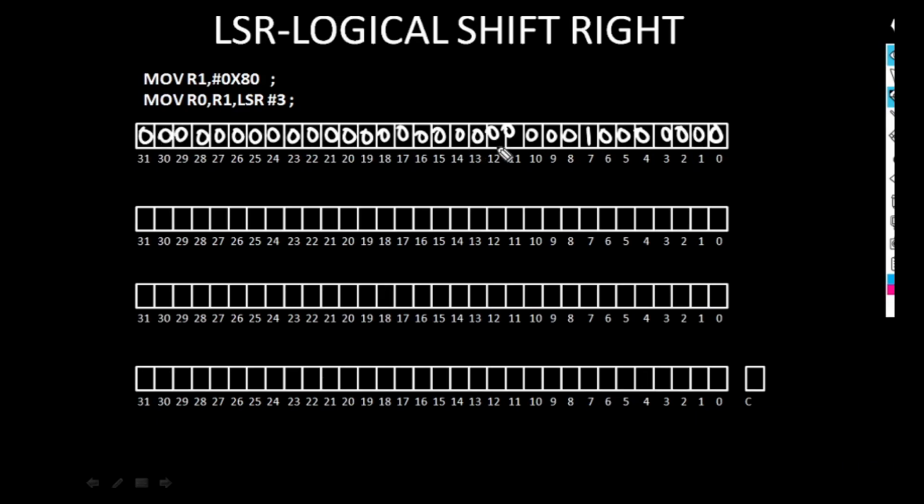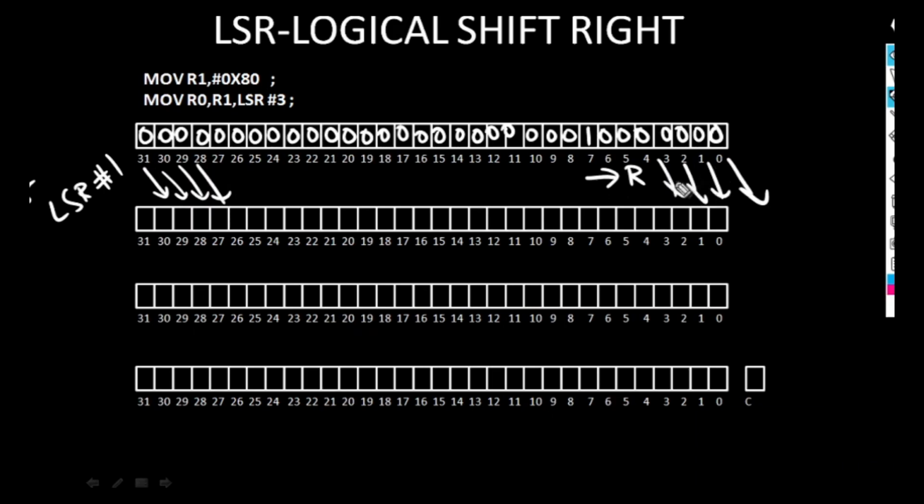Here, if we shift the entire content towards the right side by 1 bit position, in the first LSR operation, or LSR #1, what will be the result? The entire content shifted to the right means this is how it will get shifted, and the 0th bit is shifted out.